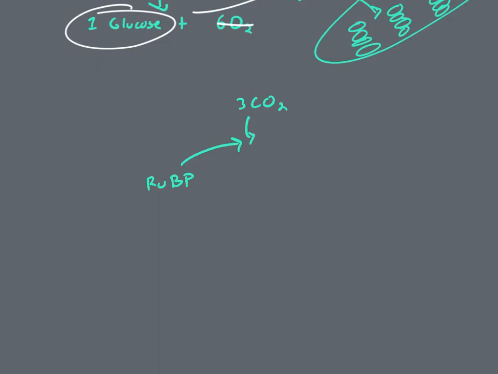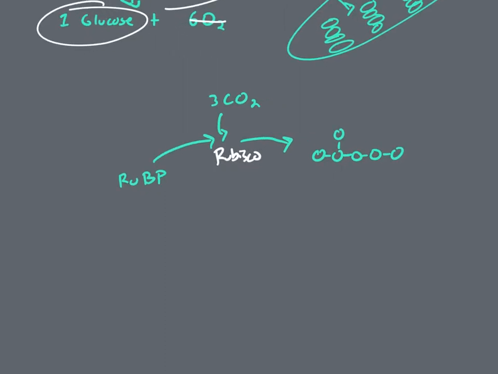You better remember what it is. Rubisco. Rubisco helps to facilitate this process to produce a carbon-based molecule that's got 6 carbons in it, as well as phosphates on either side.